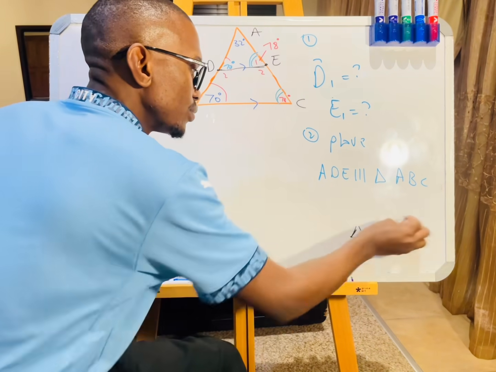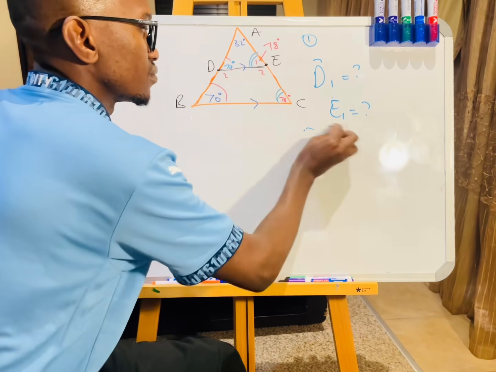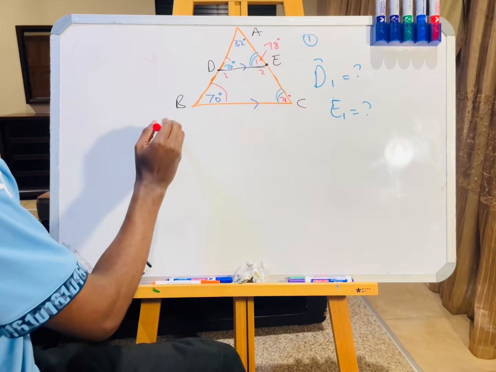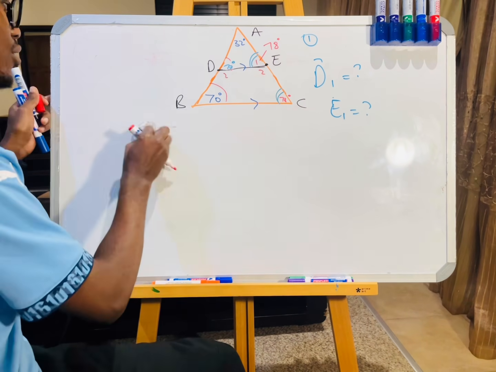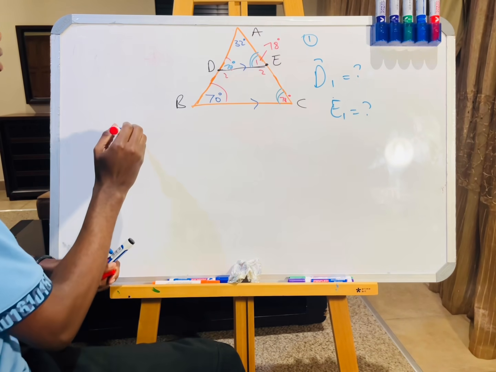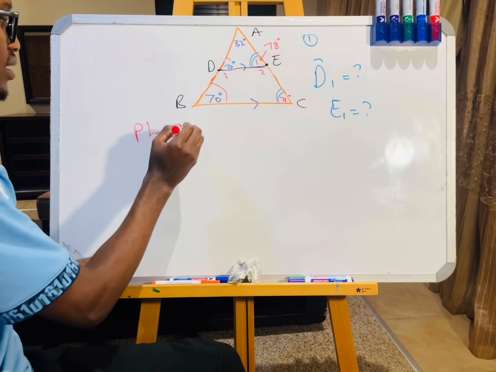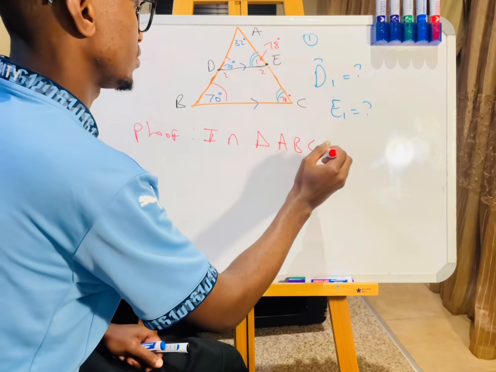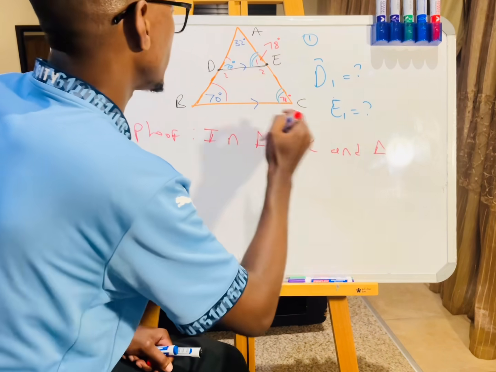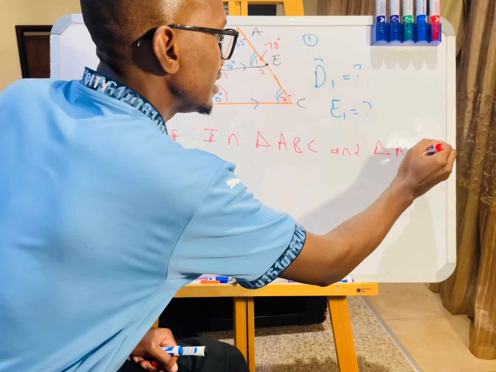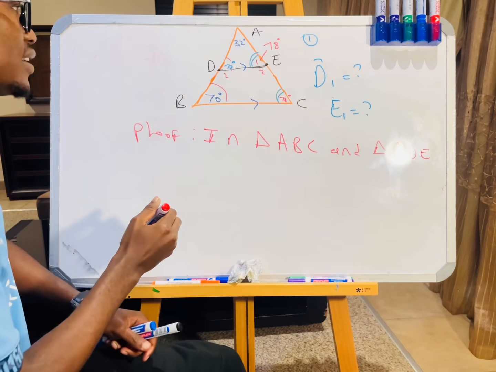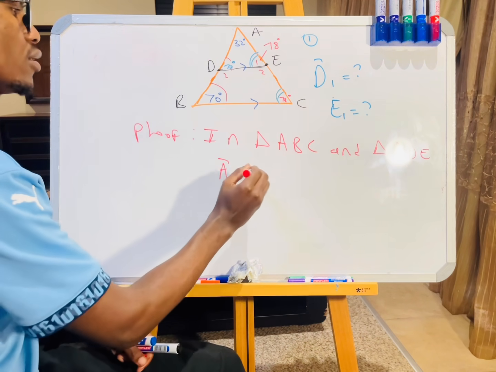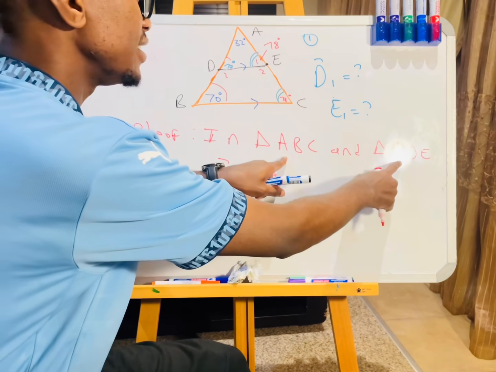Check it out, guys. We're going to say proof. We need to prove that the two triangles are similar, right? That is, in triangle ABC and the smaller triangle ADE, angle A equals angle A. Remember, there is A in every triangle.